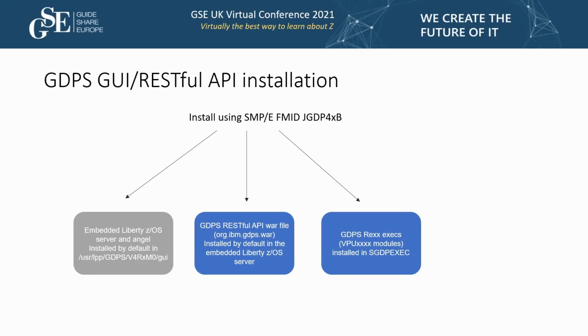In the middle, we have the GDPS GUI REST API code, installed in the zFS during SMP installation. And finally, we have GDPS REXX execs in order to support the GUI. There are a few additional REXX modules that are delivered, and they are installed in the SGDP exec library.